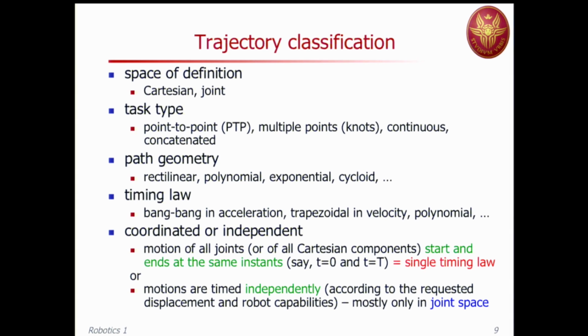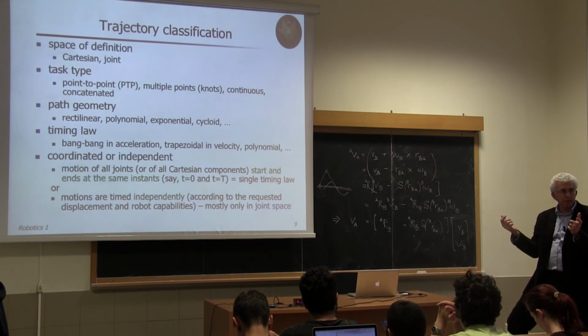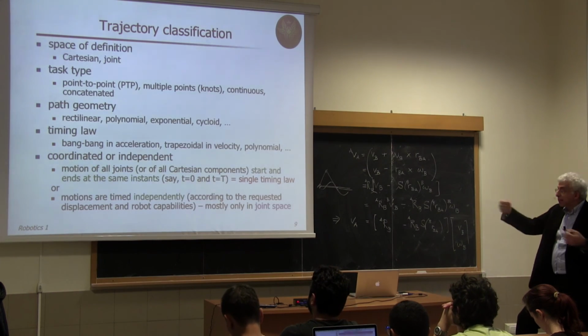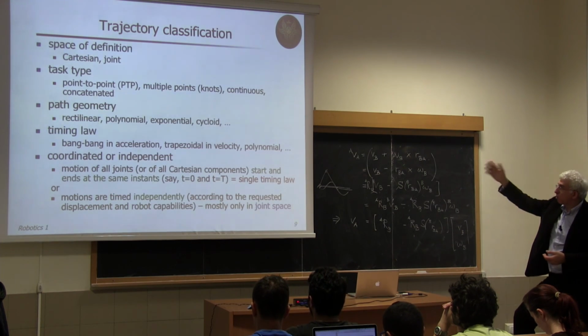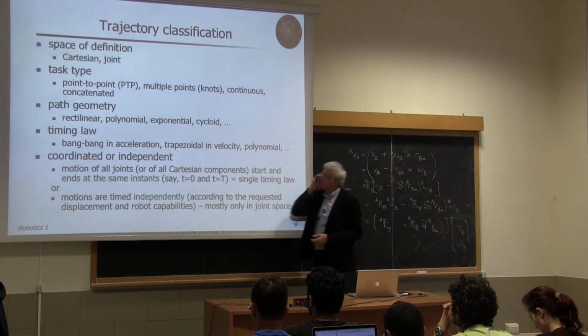For instance, the overfly is a concatenation of linear segments. So I'm going from A to B, B to C, so point to point, point to point. But in fact, in the intermediate point, I'm concatenating the two linear paths, so overflying the intermediate point. This is concatenation. Then the geometry may be rectilinear, of course, in the Cartesian or joint space, polynomial, and whatever you can imagine in terms of function of a parameter.